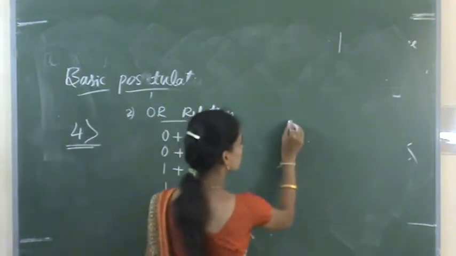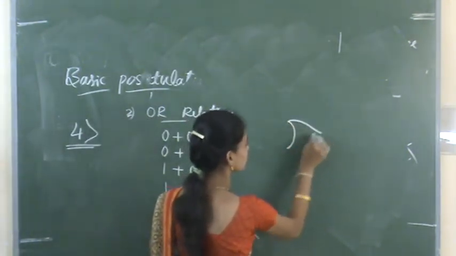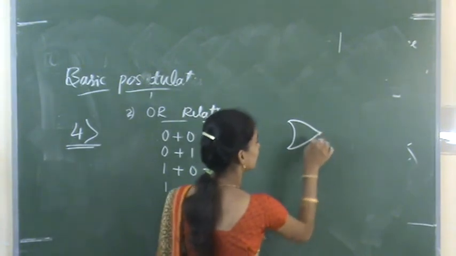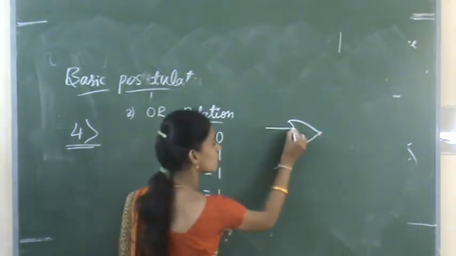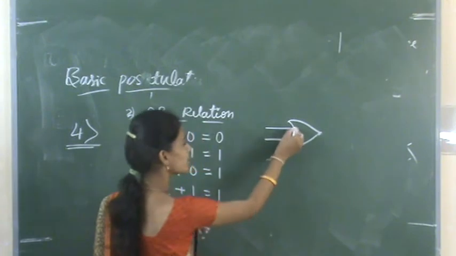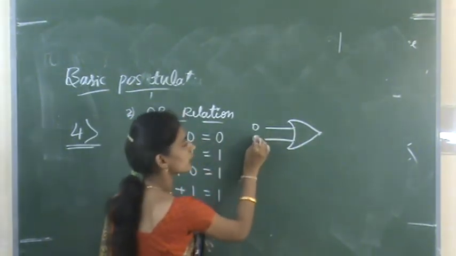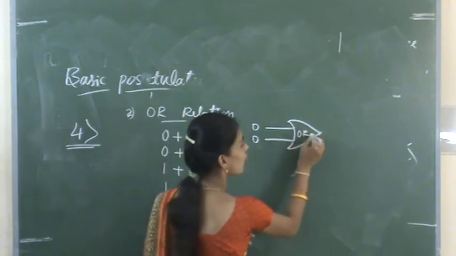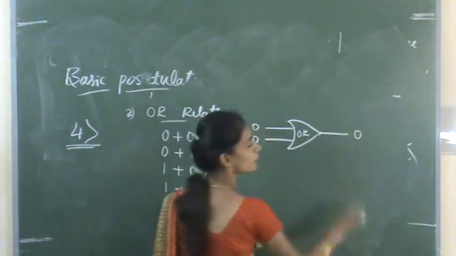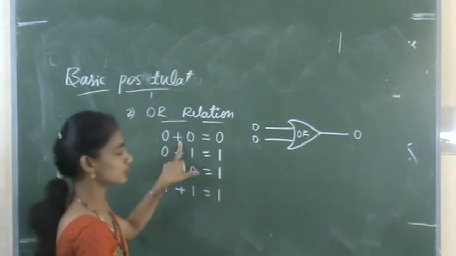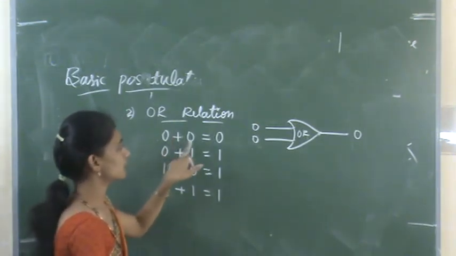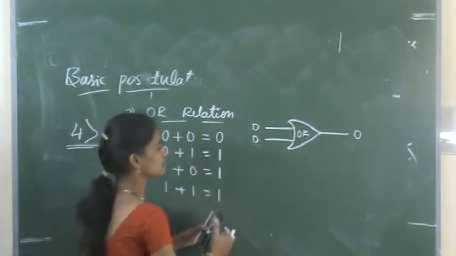As I told, it accepts 2 or more inputs. Here I am providing 2 inputs, one is 0 and another one is also 0, so the output will be 0.